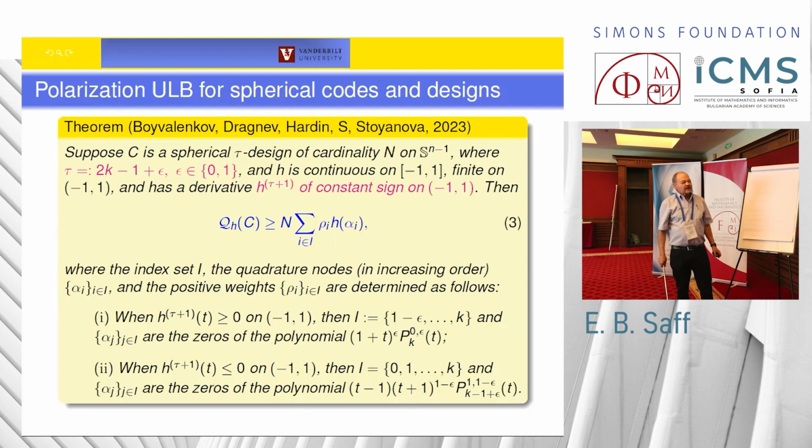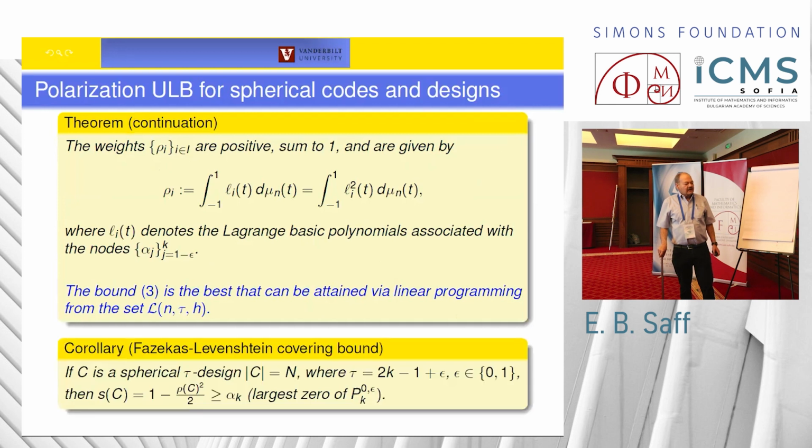It's also a lot weaker than the typical results that you see for energy type estimates, since for energy type estimates we usually assume that you have an absolutely monotone h. Okay? And here we don't. We've relaxed that substantially. We only have this tau plus first derivative, which is of constant sign, that's required here.